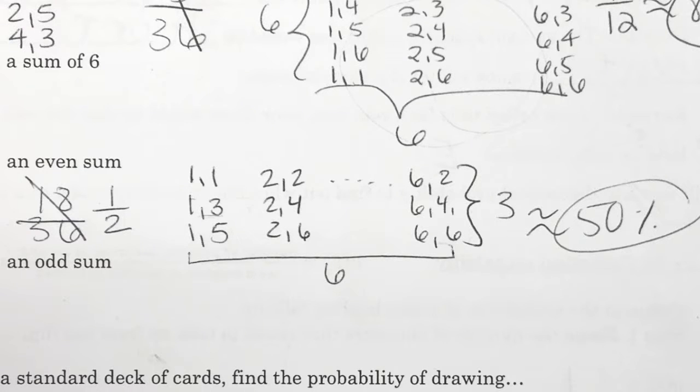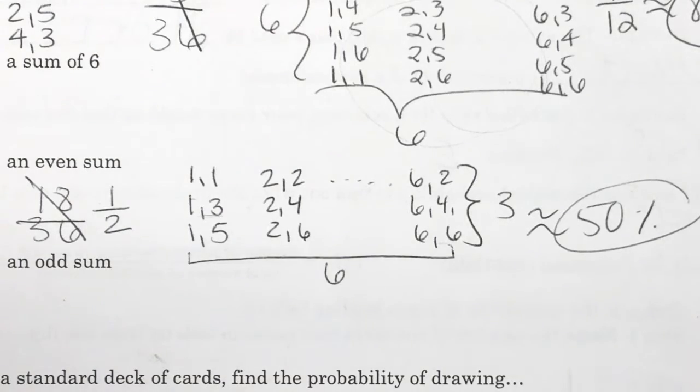Any more? 6 plus 6. So how many are those? 3. 3 out of how many? 36. How many different options could you have for two dice? There's 6 numbers on the first one, 6 numbers on the second one. So 6 times 6.